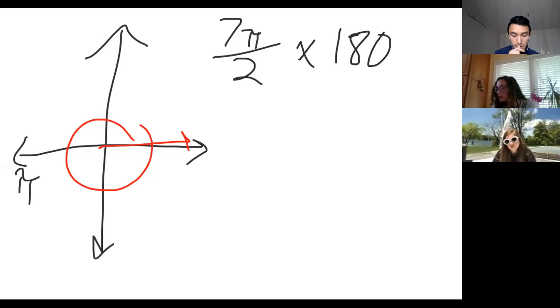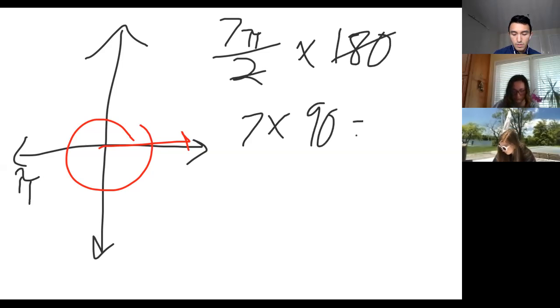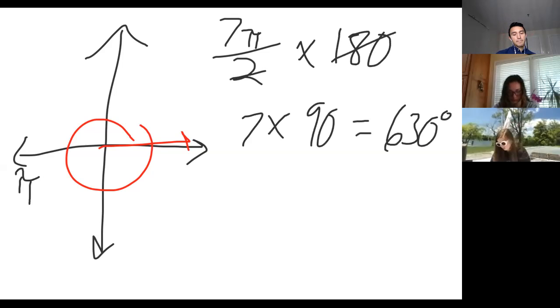So if we multiply by 180, we'll figure out how many 180s we have. The 2 cancels out the 180, so it's really 7 times 90, which equals 630. And then you just add the degree symbol, and that's it. So that's a lot. Cool.